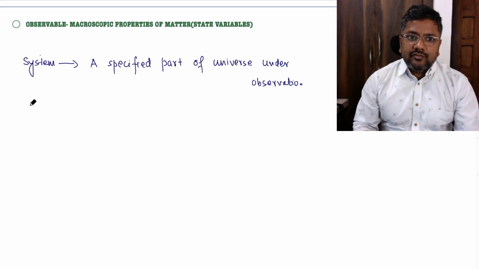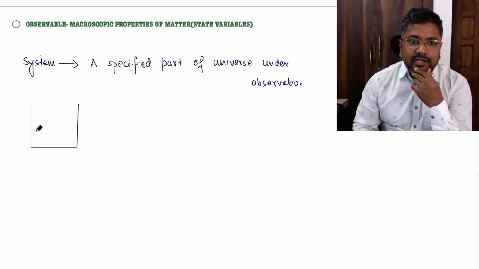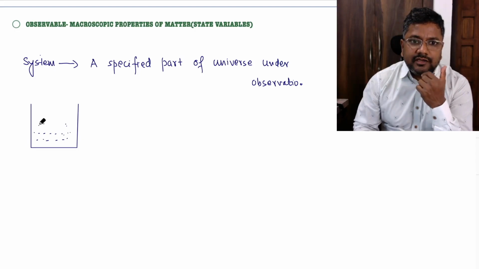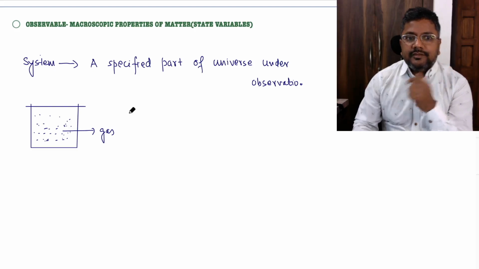So suppose that the simplest system we can visualize is like this. Suppose that we want to make some study here in this region. So this is our system. If you take a matter like this, suppose that you have enclosed a gas here, and this is closed here.